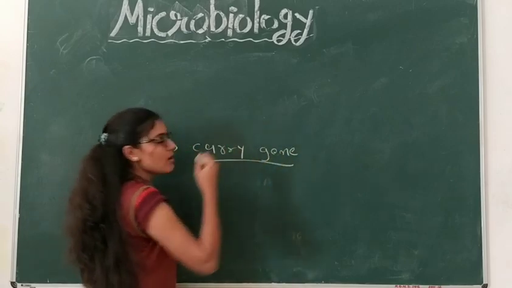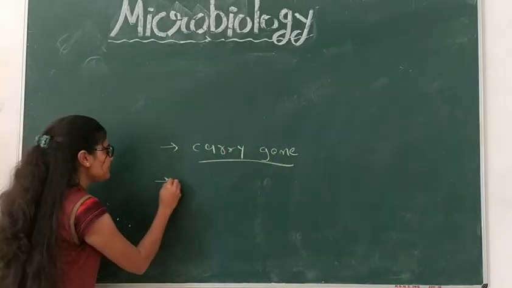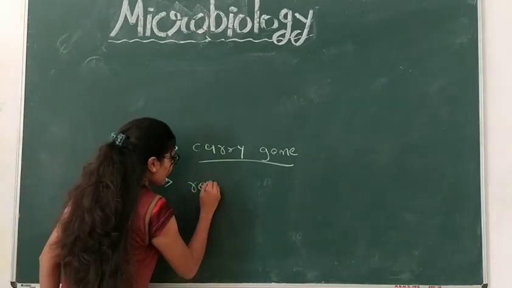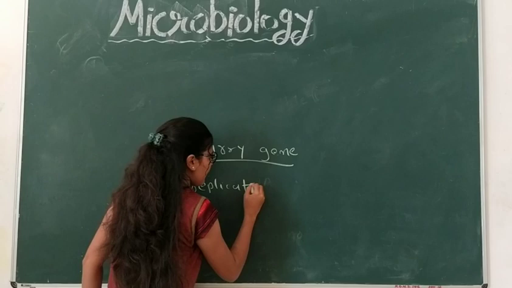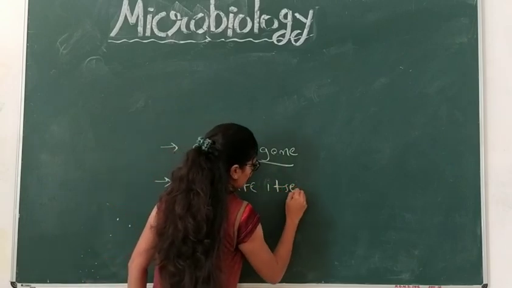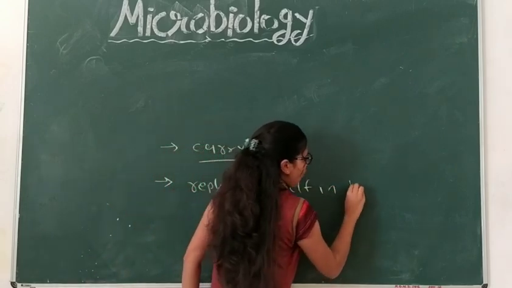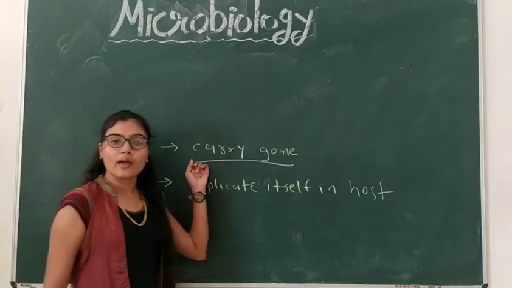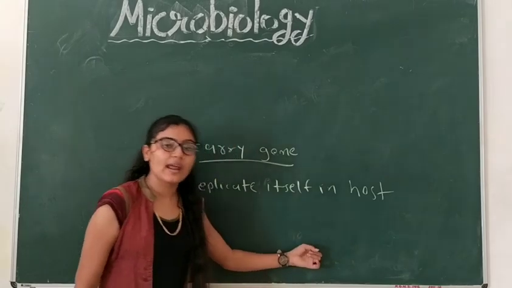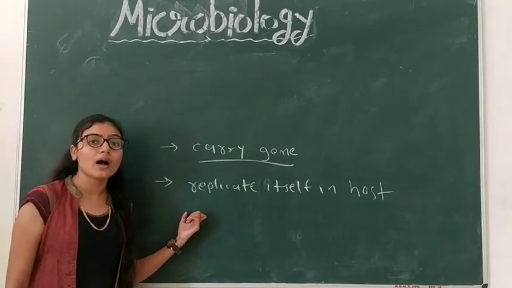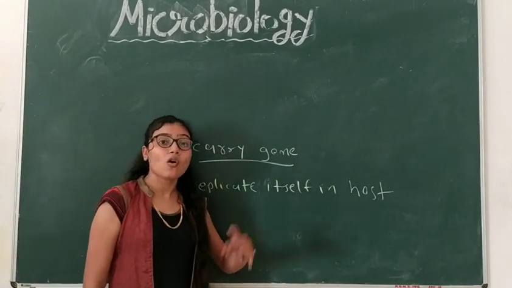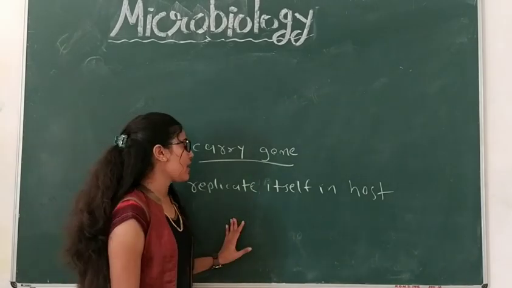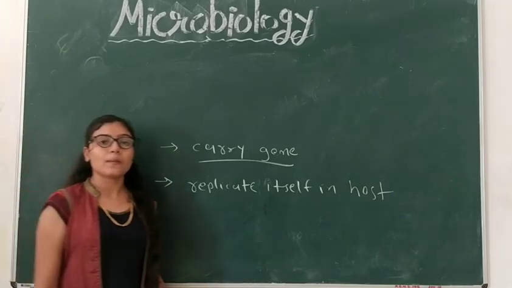The second characteristic is that the vector has to replicate itself in the host cell. The host cell replicates its own genetic material, and the vector will replicate itself as well.